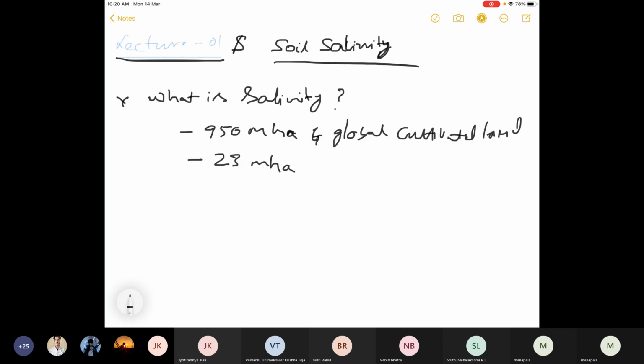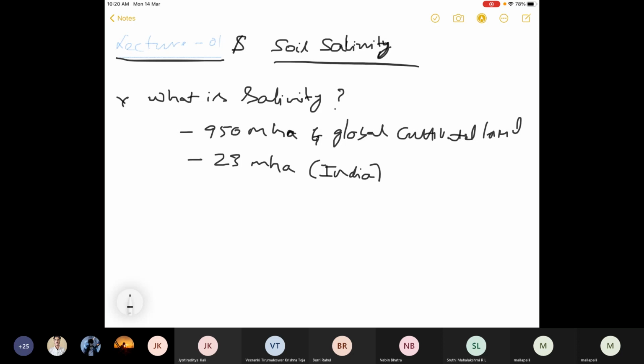Look at this, 23 million hectares in India. So we also have this problem, mostly in the western part and the middle, and some part in the eastern part.